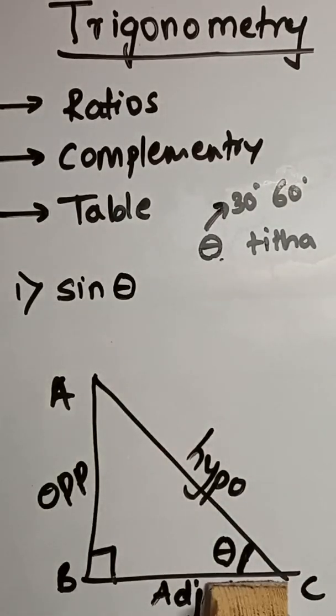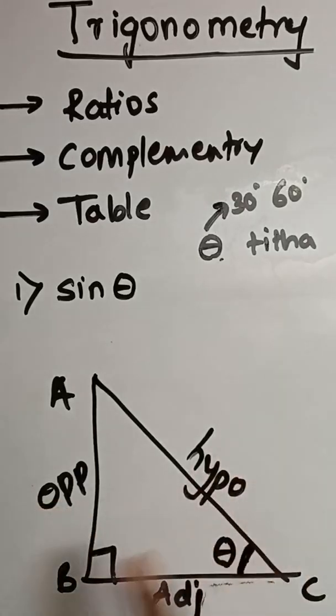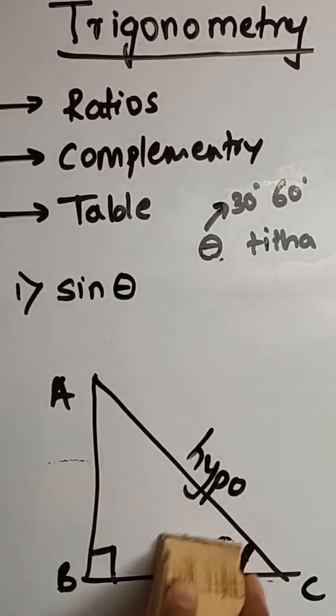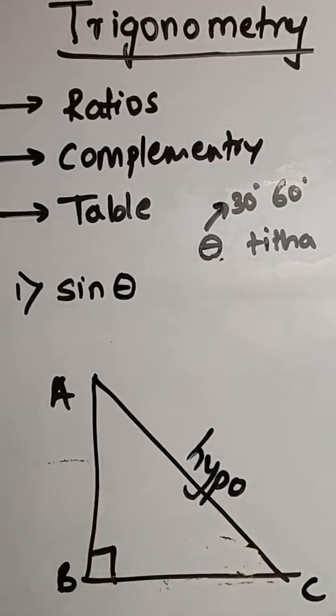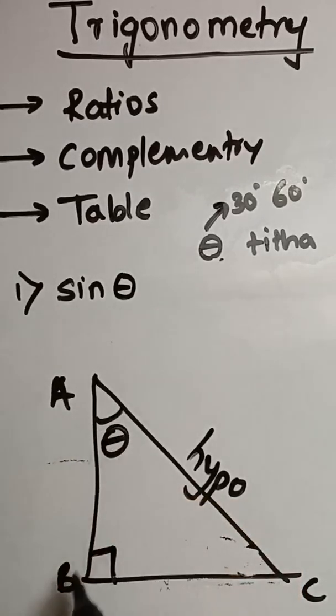Okay, so you have understood there are three sides in the right angle triangle. Now the hypotenuse is always fixed, but these two sides can interchange, opposite and adjacent. How can they interchange? See, if for example I don't take this angle as theta, if I take this angle as theta, the 90 degree cannot be theta. 90 degree is fixed.